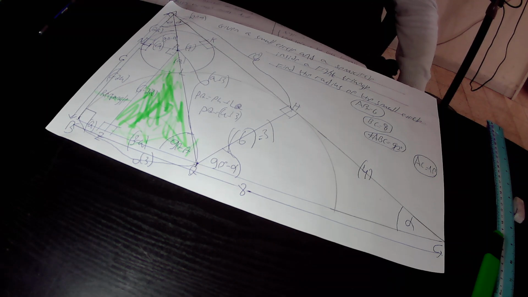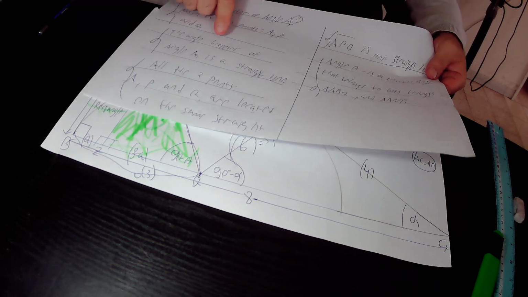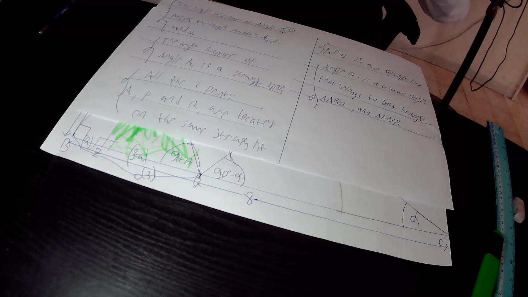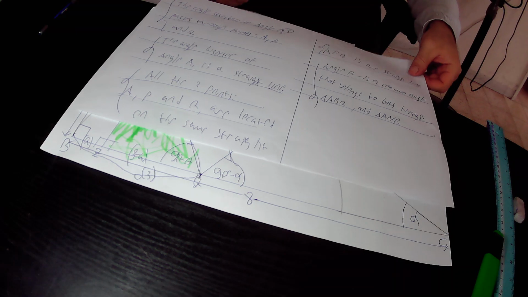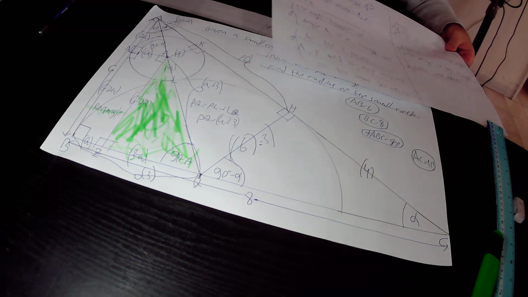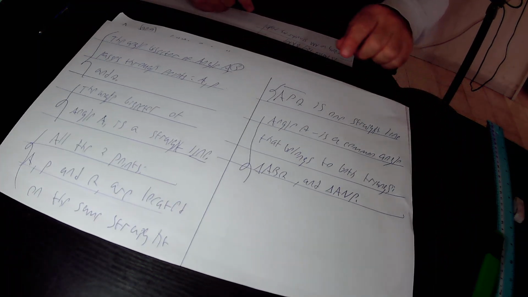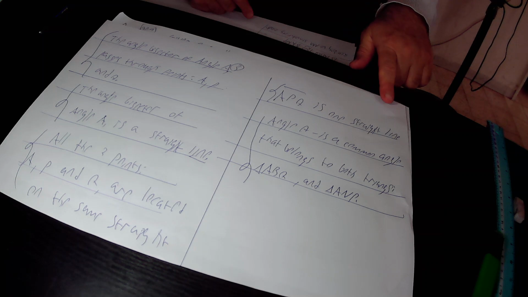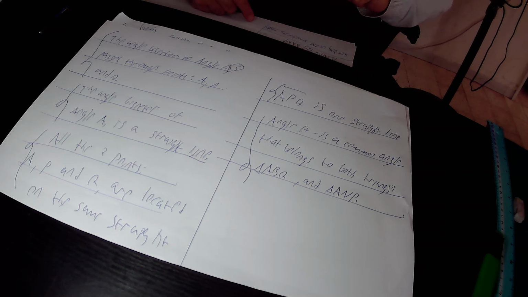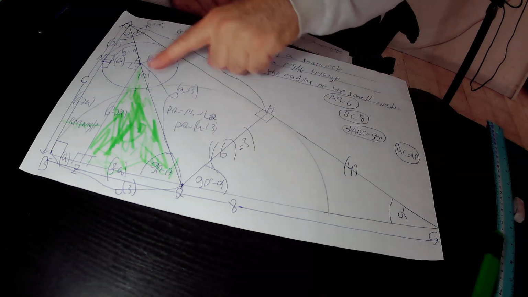And the straight line is the angle bisector of angle A. In other words, we can also say that line APQ is one straight line.